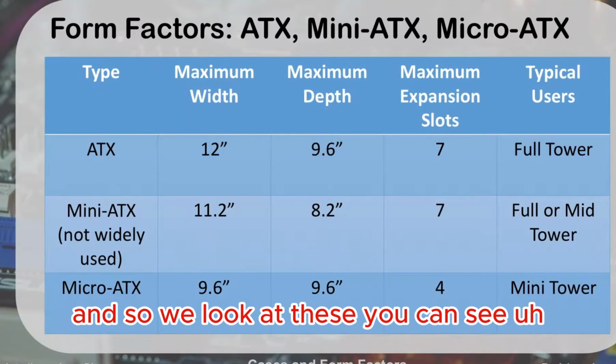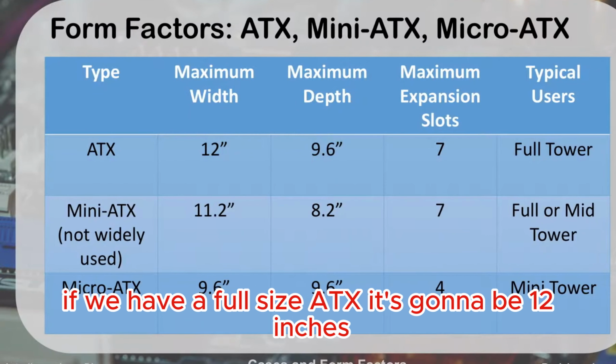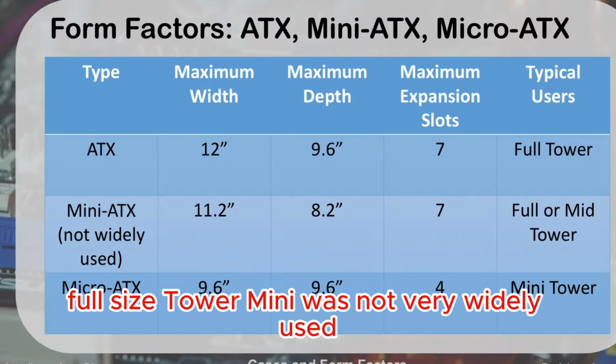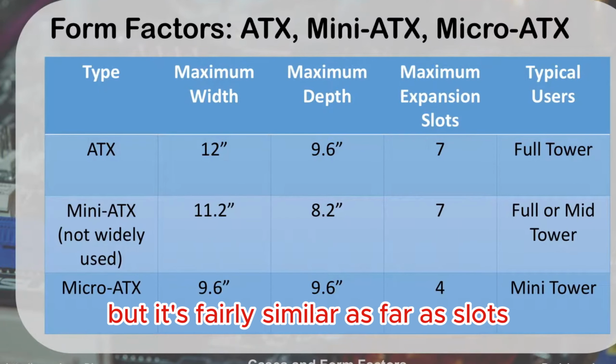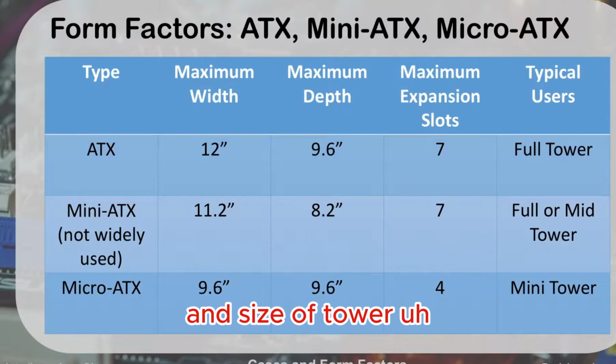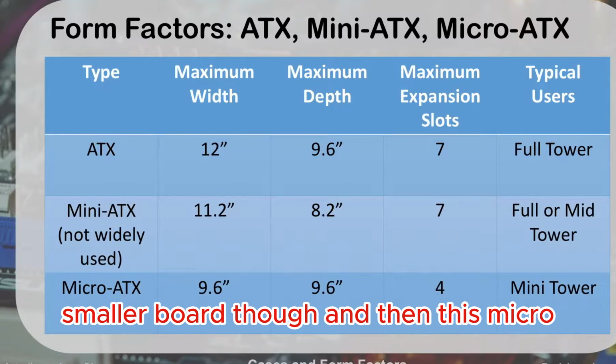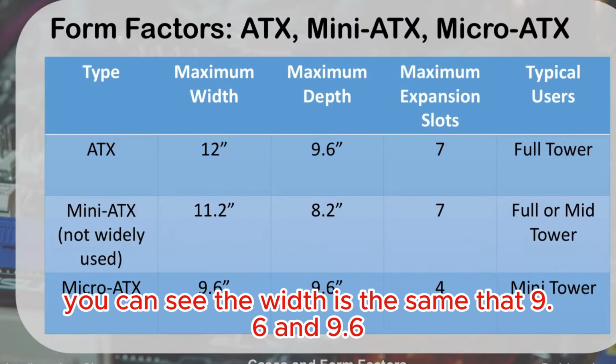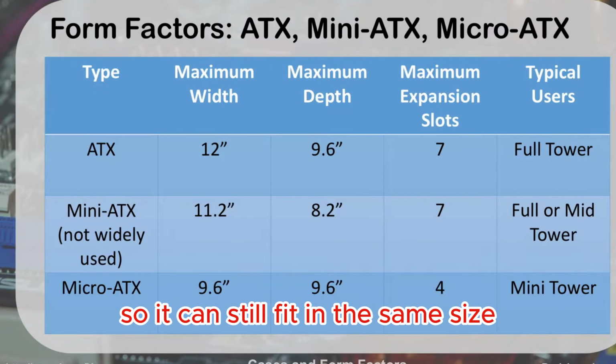And so if we look at these, you can see if we have a full-size ATX, it's going to be 12 inches, 9.6 inches, 7 expansion slots maximum, full-size tower. Mini was not very widely used, but it's fairly similar as far as slots and size of tower. Smaller board though. And then this micro, you can see the width is the same, that 9.6 and 9.6, so they can still fit in the same size.